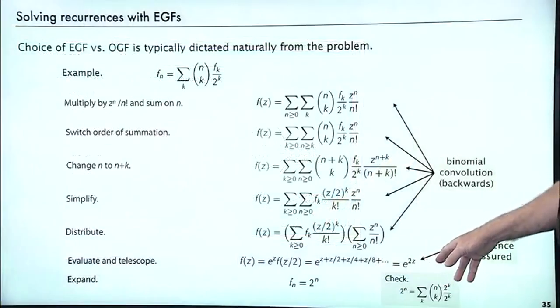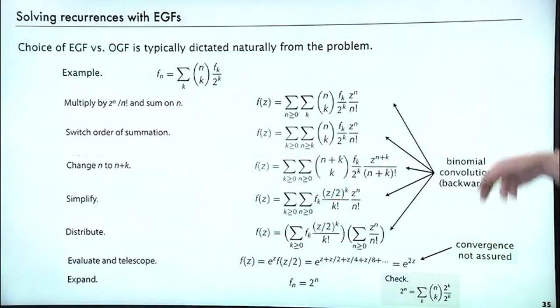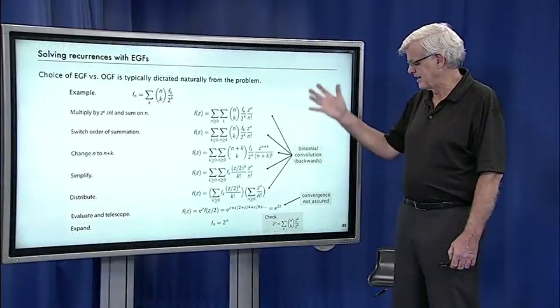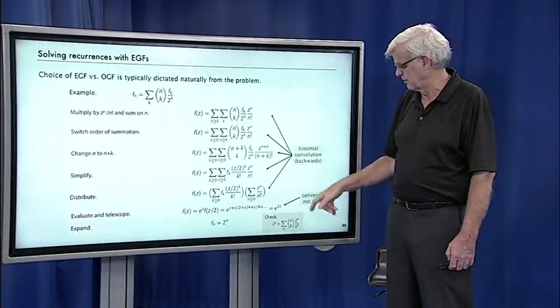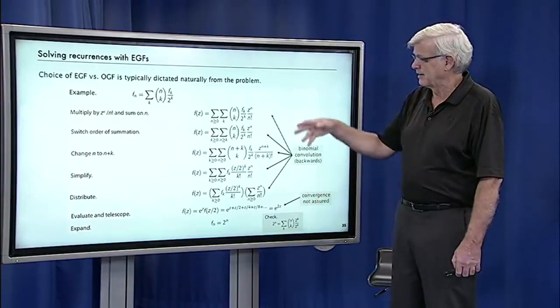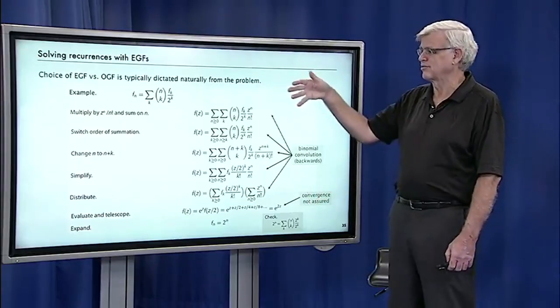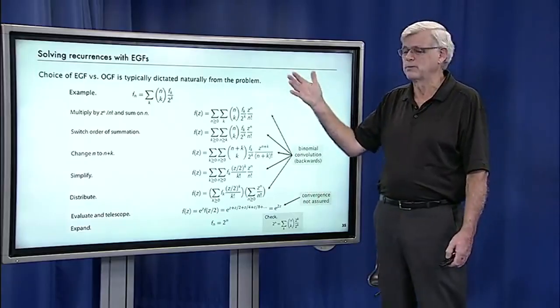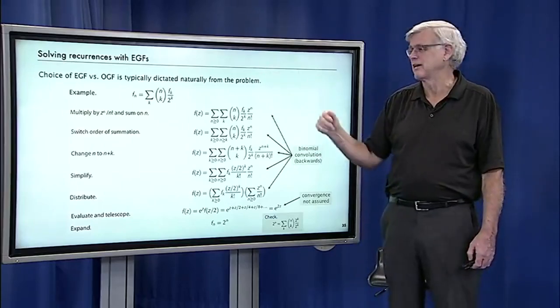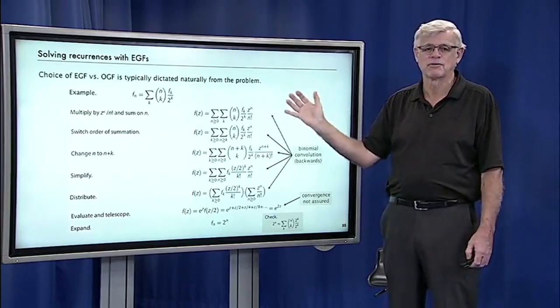2 to the n definitely equals the sum on k of n choose k, 2 to the k over 2 to the k. That's the binomial theorem. So what looks like a difficult recurrence actually has an easy solution with exponential generating functions. And it works for similar recurrences too, and that's what happens in the practical applications. Maybe it's n minus 1 choose k, or maybe there's an extra term of some kind.